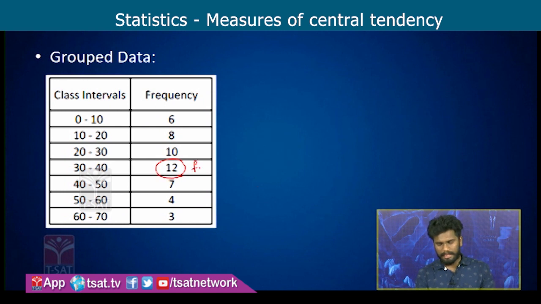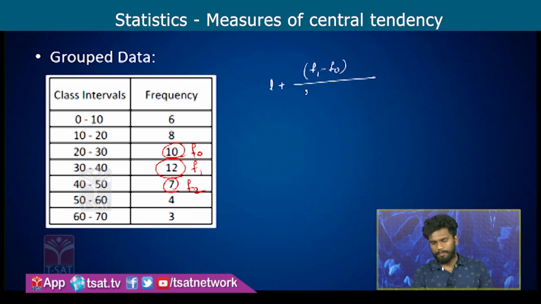Let us consider it as f1, and the preceding frequency we call f0, and the succeeding frequency we call f2. I'm writing the formula: L plus f1 minus f0 divided by f1 minus f0 plus f1 minus f2, into the width of the class interval.